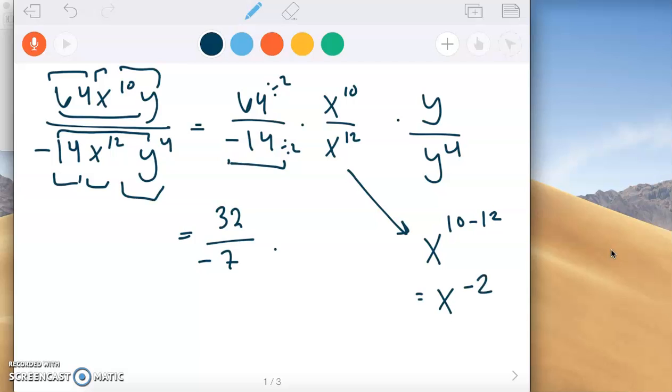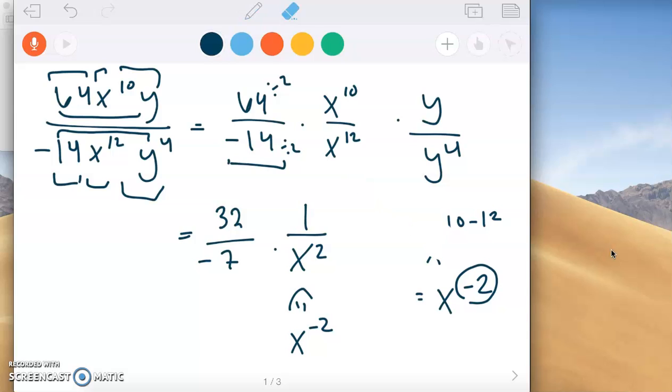All right, and in this case, since we have a negative exponent, that's going to go on the bottom. So x to the negative 2 is equal to 1 over x squared. Okay? Then I'm going to clean all this up.